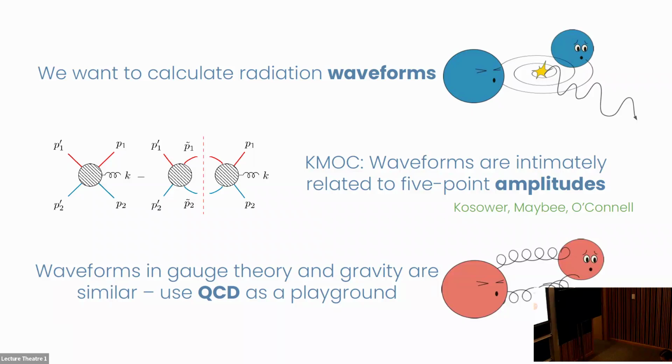Since that's one of the important ingredients, I'll also talk a little bit about how we find this amplitude, or amplitude integrand really, in gauge theory in a way that we can double copy it to also get the gravity results. And then finally, if I have time, we'll take a look at a few of the bits that we get for the QCD result of the actual waveform, the parts of the waveform that we care about.